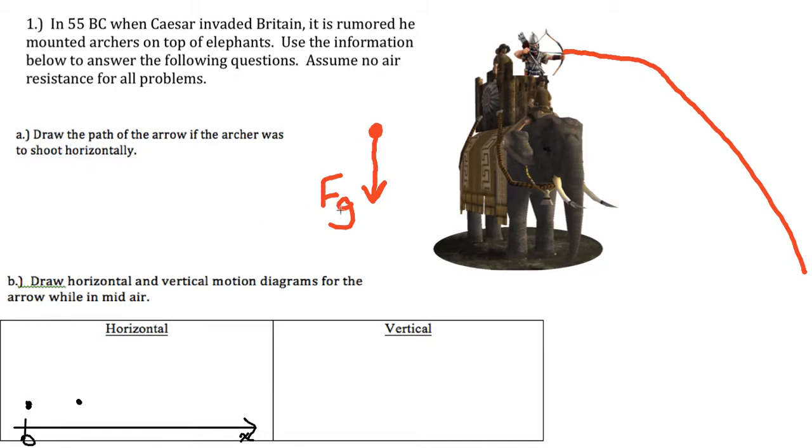Remember, the gravity does not affect the horizontal motion. So whatever speed it starts with, it's going to keep that speed. So you should have dots that are evenly spaced for this motion diagram. The last step, all we have to do is connect those dots with arrows. And as you see, the lengths of the arrows will be the same.